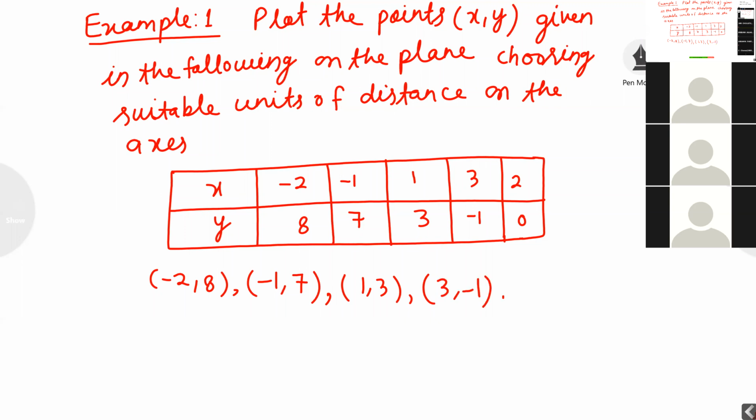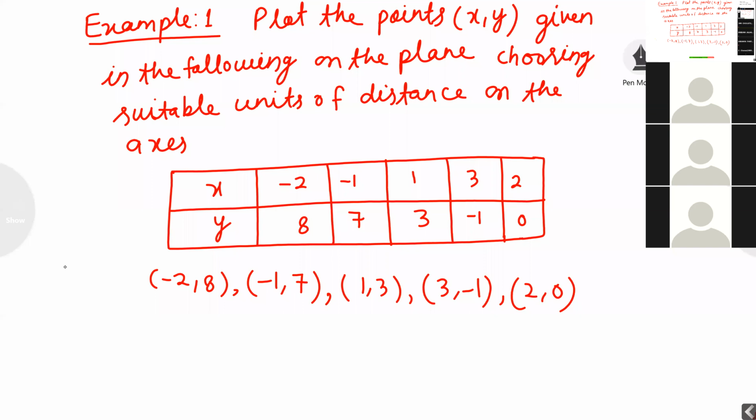And last point will be 2 comma 0. Because how are we taking the points? If we are combining x and y, then it will become points, means x comma y. The points are -2 comma 8, -1 comma 7, 1 comma 3, 3 comma -1, and 2 comma 0.